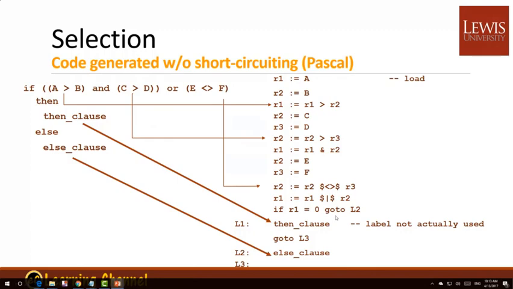So if R1 equals 0, go to L2. If R1, the whole thing, is false, we go to L2. L2 is the else statement. If it is not equal to 0, then we go into the L1 part. It will be the then part, and then we go to label 3. So this actually implements this Pascal if selection statement.